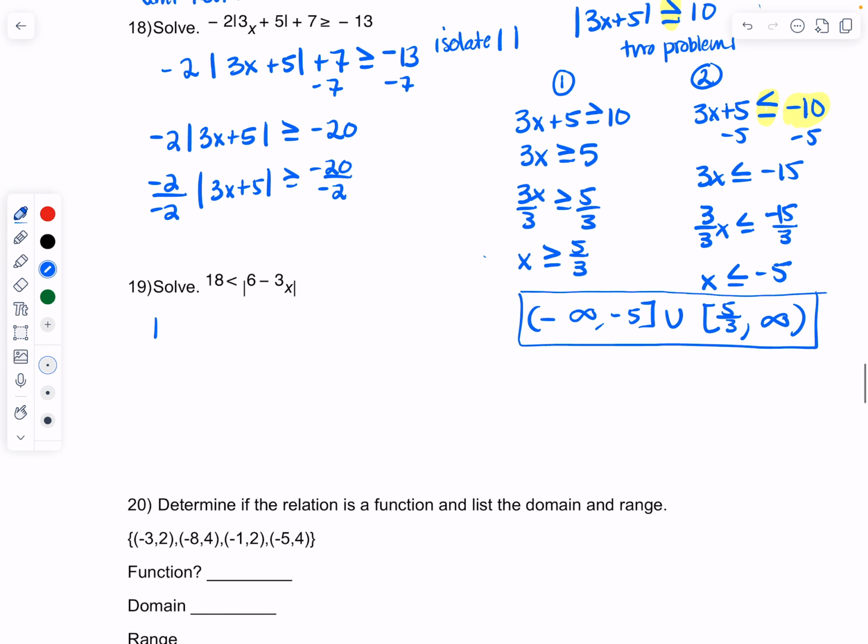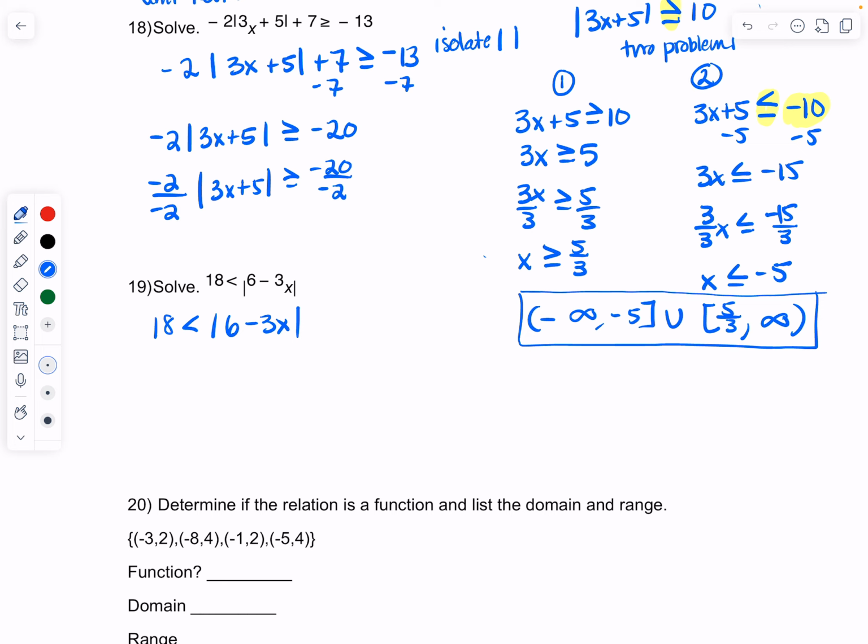19 says 18 is less than the absolute value of 6 minus 3x. Okay, guys, so we have a less than this time around. When you have a less than, you can write this up as such.